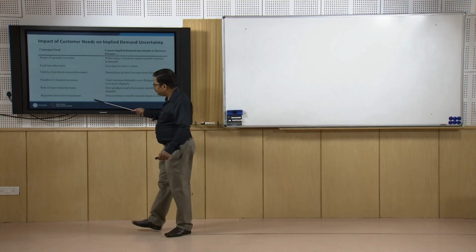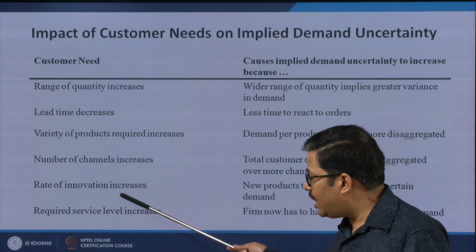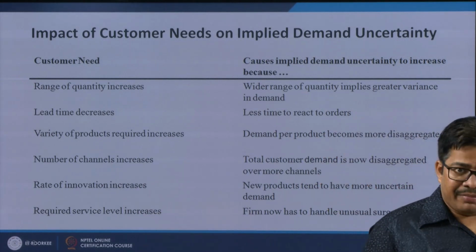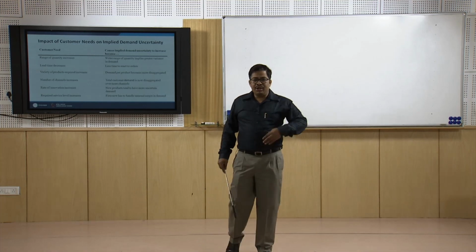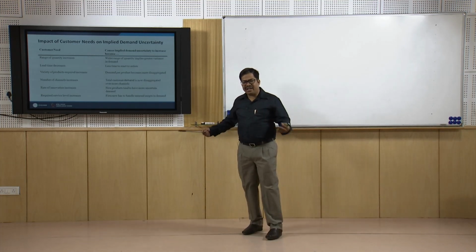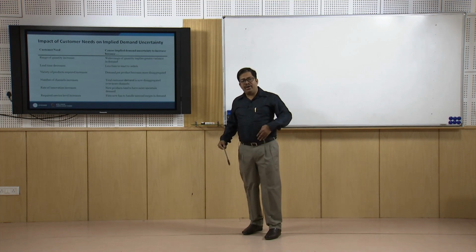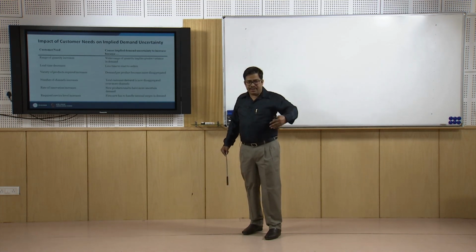Then you have another important area from the customer, that is innovation. Customers continuously expect innovative products, and as we all can observe, the rate of innovation is continuously increasing. New products are coming at a much faster rate.